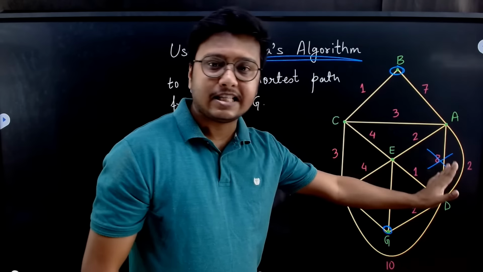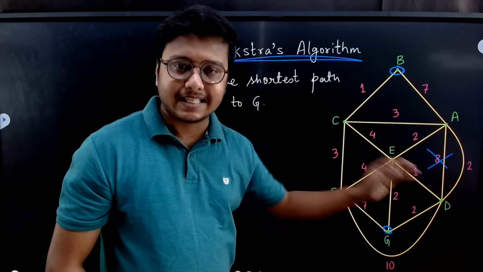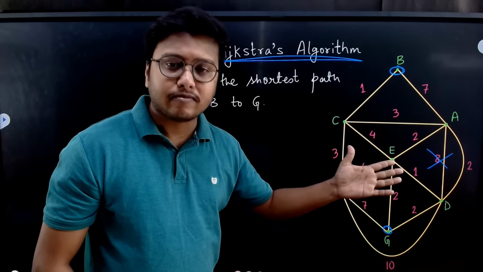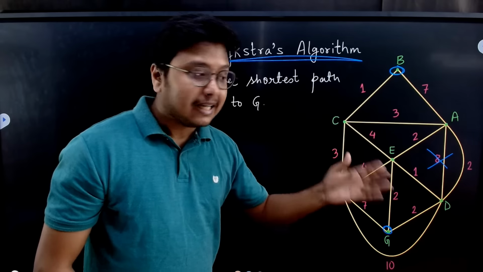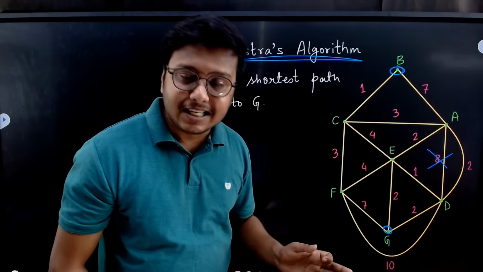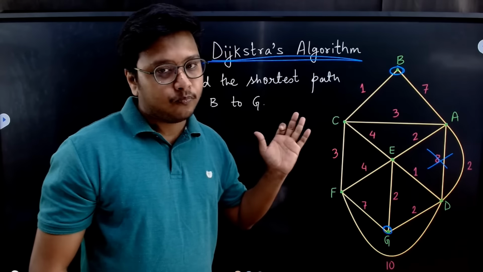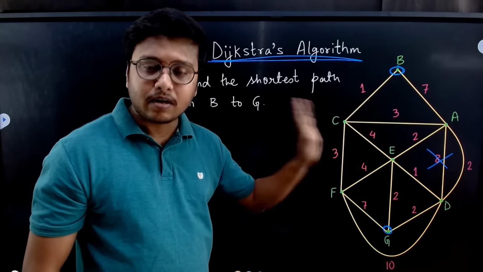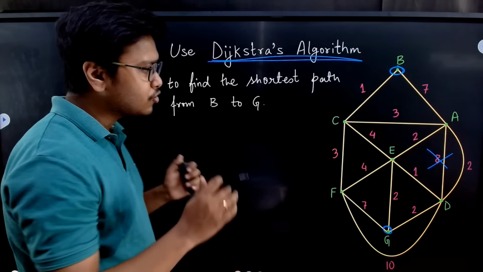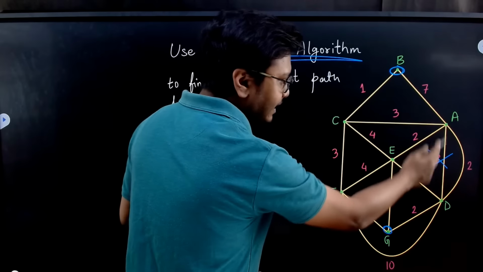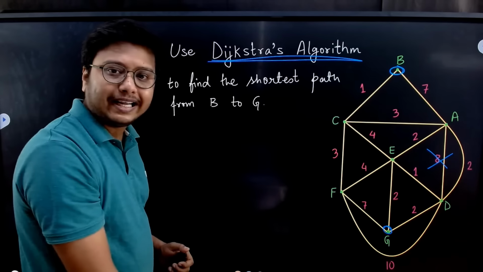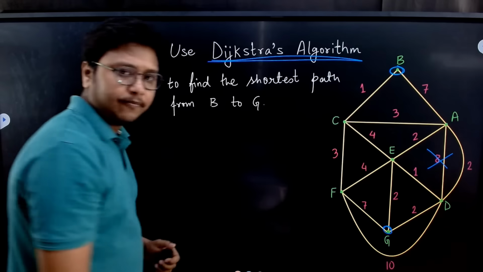So suppose in this case, if more than two parallels were present, if 3, 4, 5 parallels were present, we would have kept that particular edge which has the least weight and deleted the remaining edges. Okay, so the thing that we are going to delete in this case is the edge having the weight 8 joining A to D.